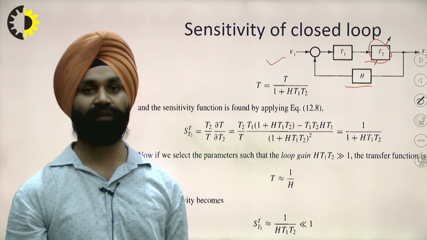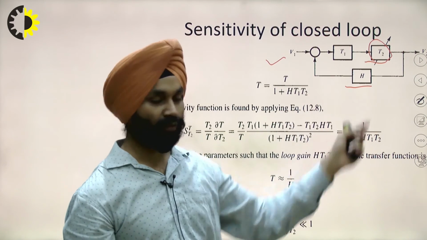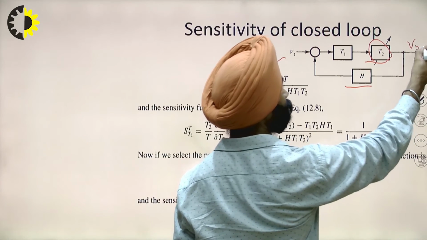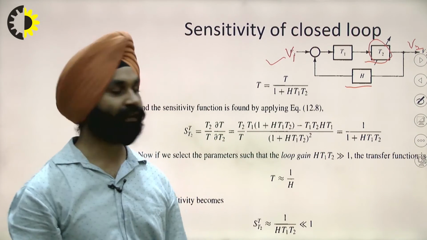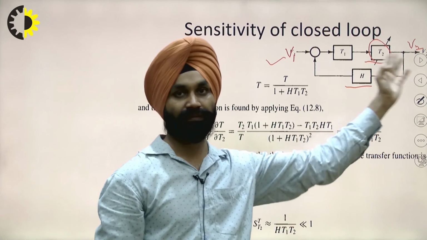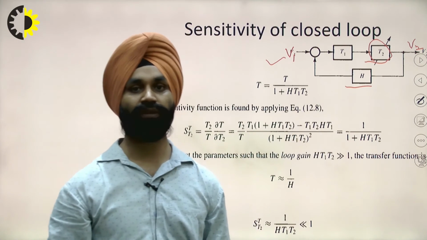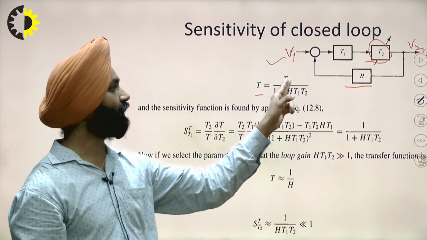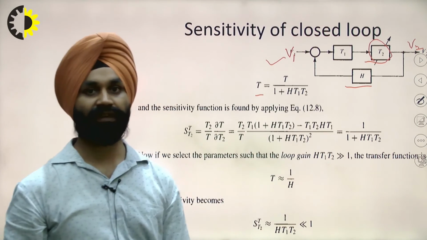If the output is V2, input is V1, the loop gain is H, and the open loop system has transfer functions T1 and T2, where T2 is varying, then the total transfer function can be given by T = T1 T2 divided by 1 plus H T1 T2.